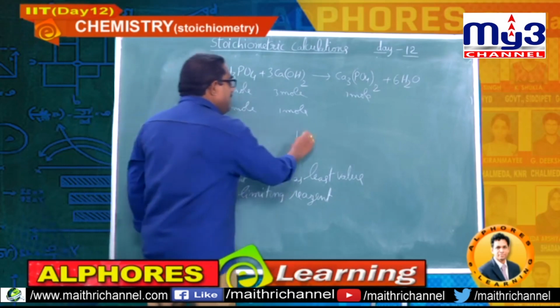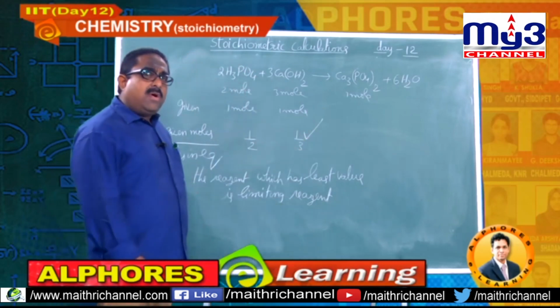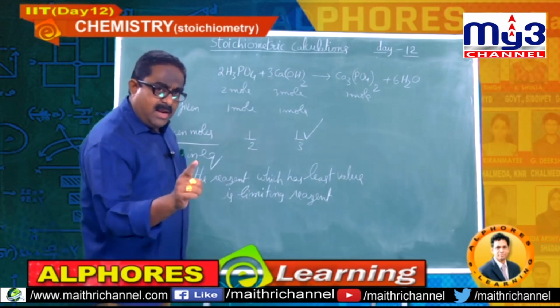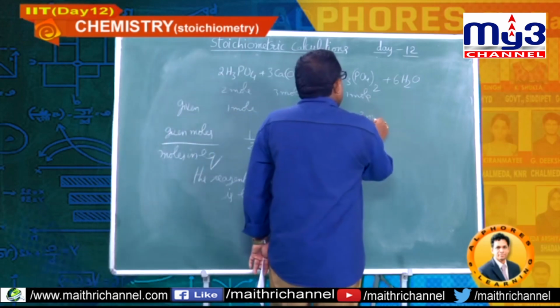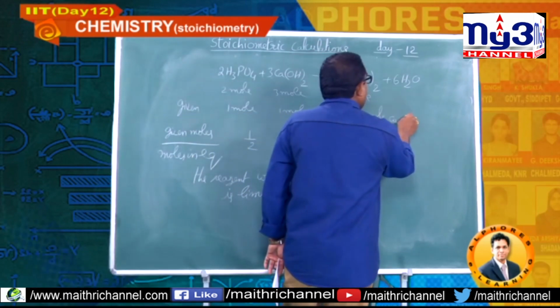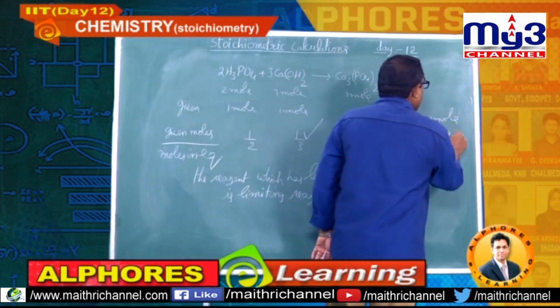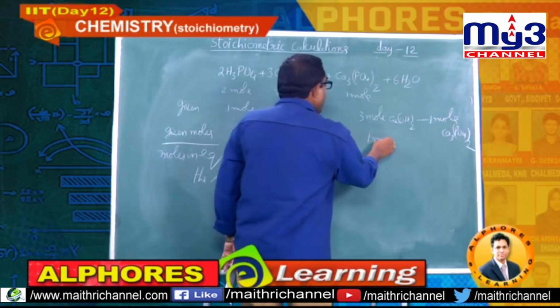Once you fix the limiting reagent, the remaining thing is very easy, because the amount of product always depends only on the amount of limiting reagent. 3 mole of calcium hydroxide produces 1 mole of calcium phosphate, I have written here, and only 1 mole is given.